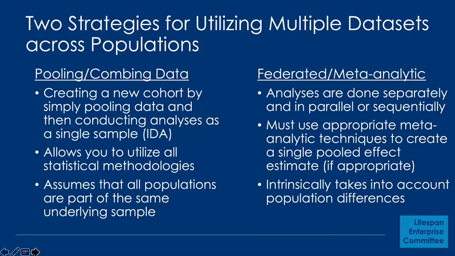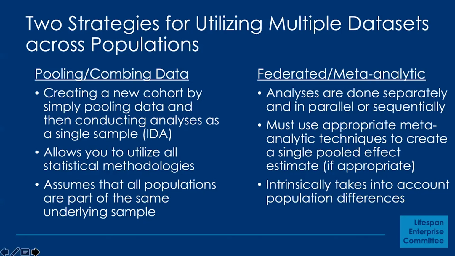Another option is more federated or meta-analytic methods, in which the analyses are done on the harmonized data sets in parallel or sequentially across the cohorts. An advantage of this is that data can be harmonized in different sites around the world and then analyzed in its own home institution, and the outcomes, the effect sizes, can then be meta-analyzed together to create a larger understanding.